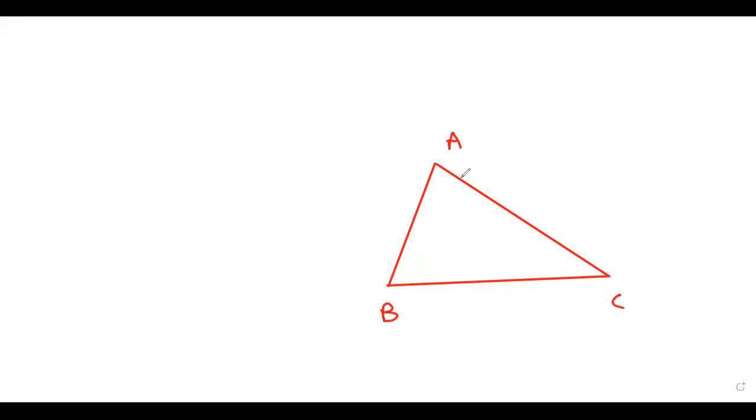If we have a triangle, like this triangle, the triangle is A, B, C. And there is an angle bisector drawn from the vertex A. So I'm going to draw an angle bisector.